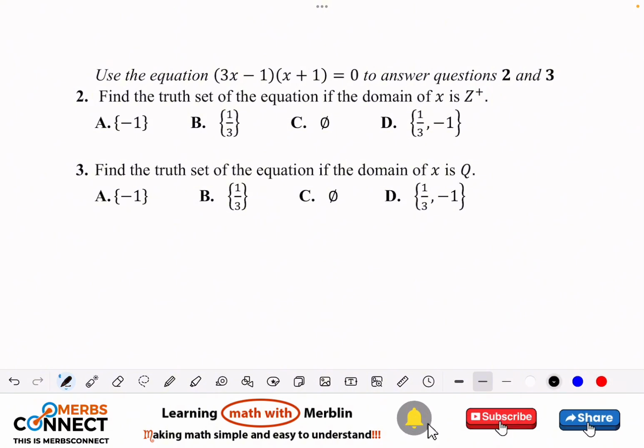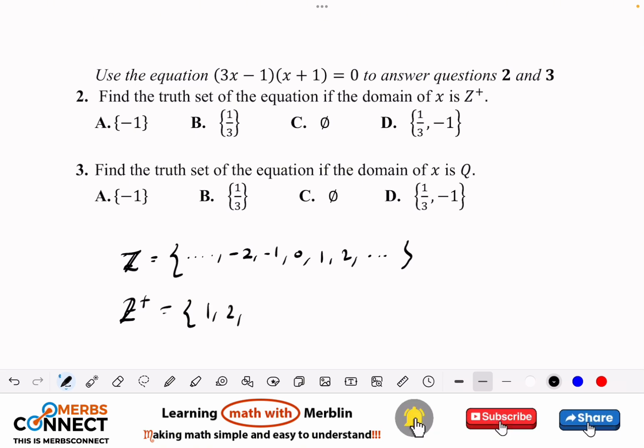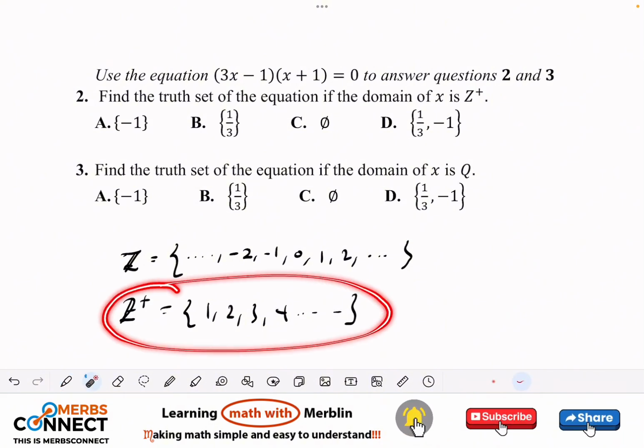Integers are like from minus infinity, minus 2, minus 1, 0, 1, 2 going on, right? But when I see Z plus, what I mean is 1, 2, 3, 4 going on. So this is the positive integers.